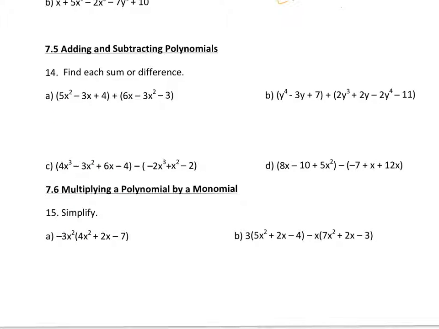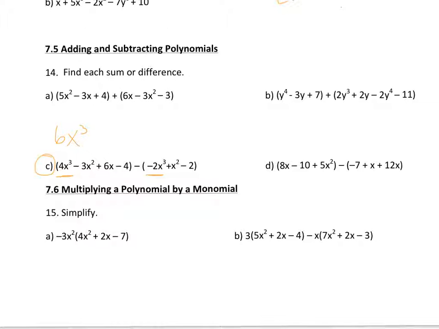Okay, let's look at 7.5, adding and subtracting polynomials, and let's look at question C. So find each sum or difference. So I'm going to look at my like terms, and I could again use the horizontal or vertical method. Here I'm just going to notice what I have for like terms and add or subtract them. So I have 4x cubed minus negative 2x cubed, and 4 minus negative 2 is really 6x cubed.